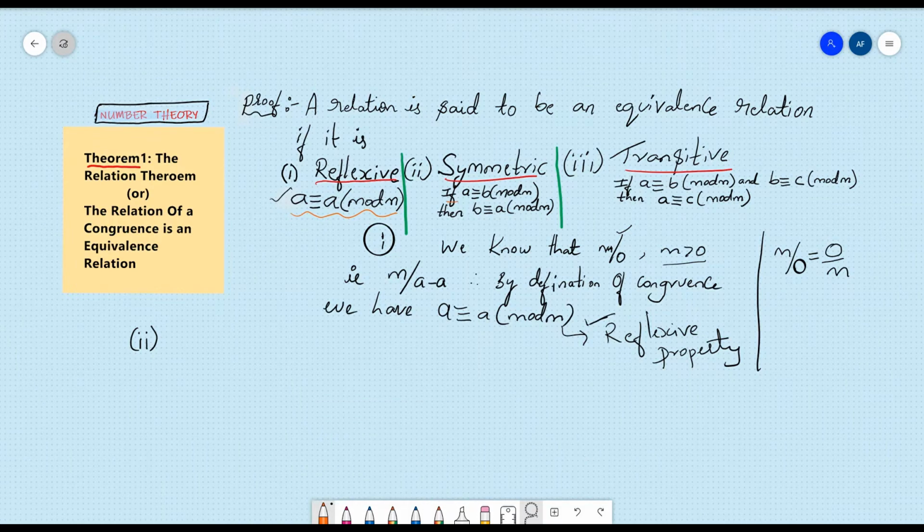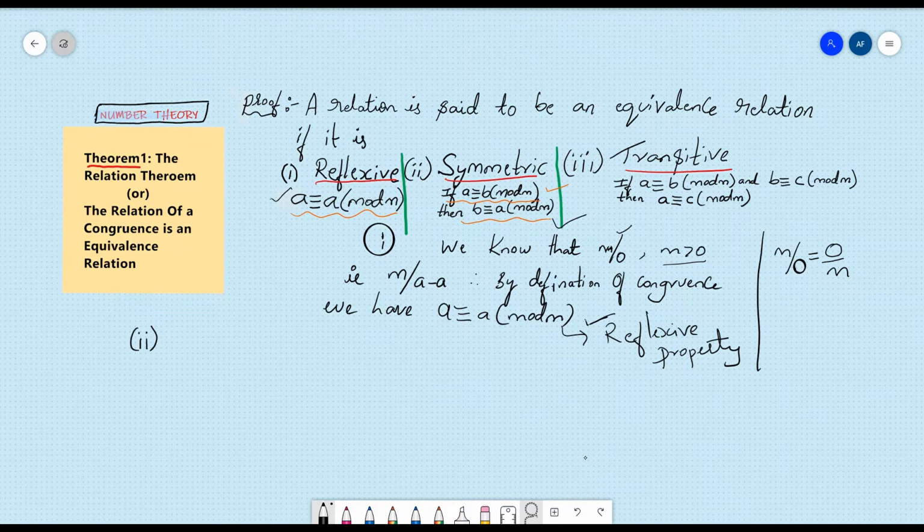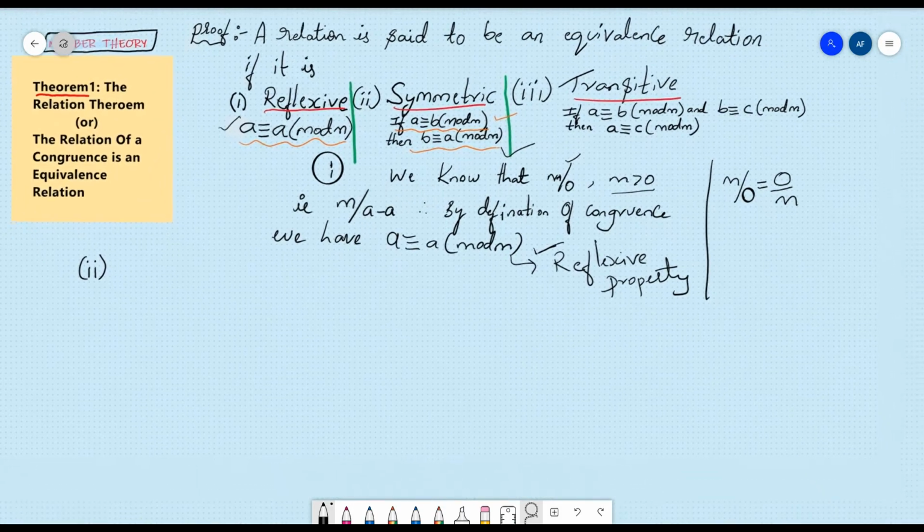If a is congruent to b mod m, then we are supposed to prove that b is congruent to a mod m. This we are going to consider, and at last we are going to prove this one.